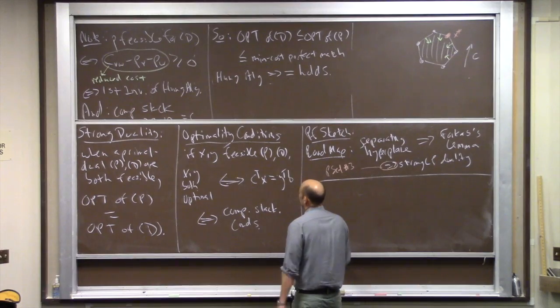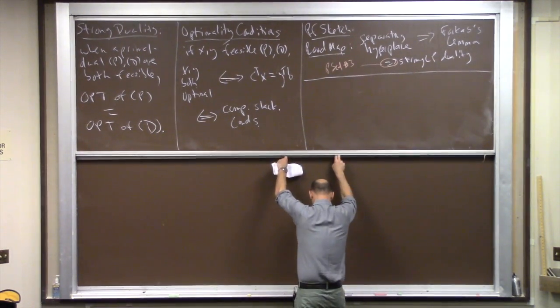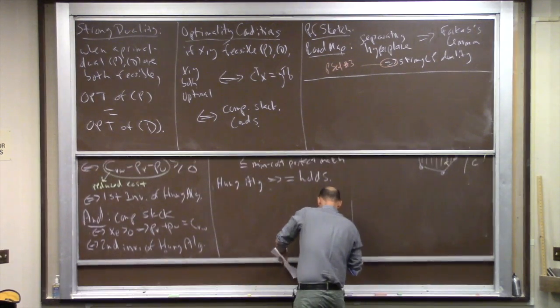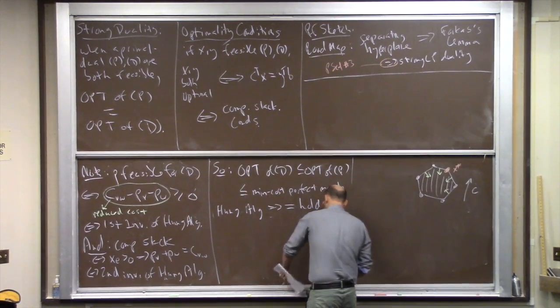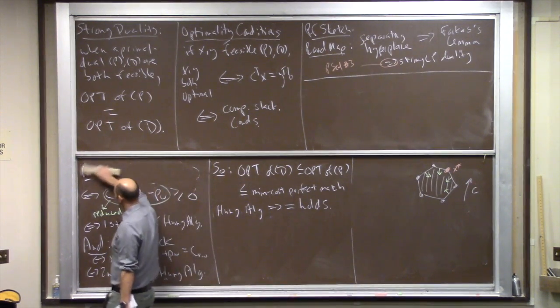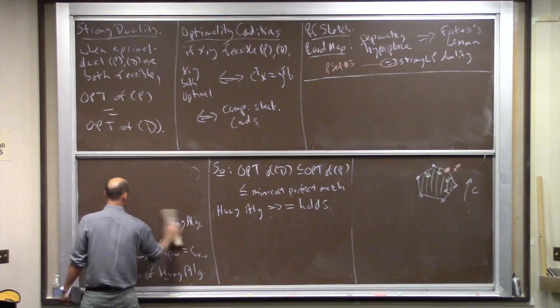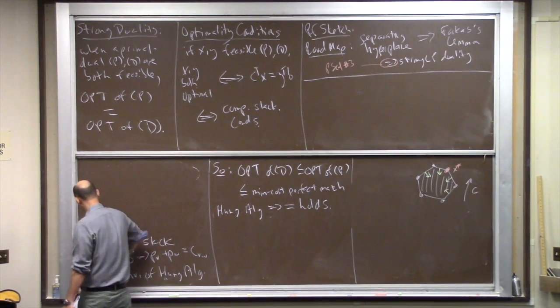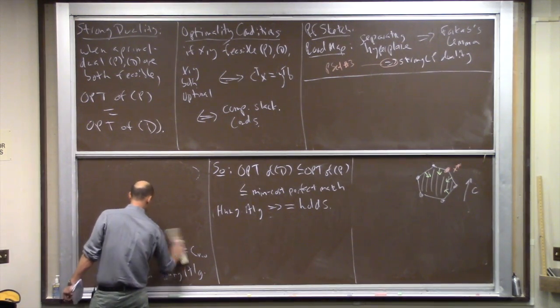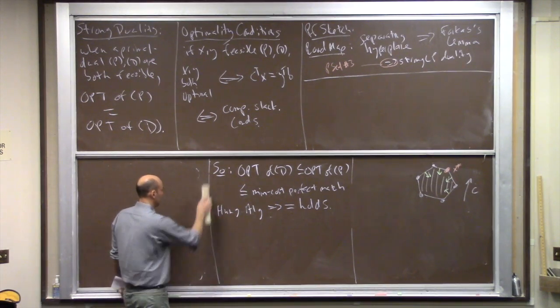So, I need a new board for this. Separating hyperplanes. We actually talked about separating hyperplanes a week ago. It was one of our applications of linear programming. If I give you a bunch of x's and a bunch of o's, and I want to know if there's a hyperplane which puts all the x's on one side and all the o's on the other, we observed that that can be formulated as a linear program.